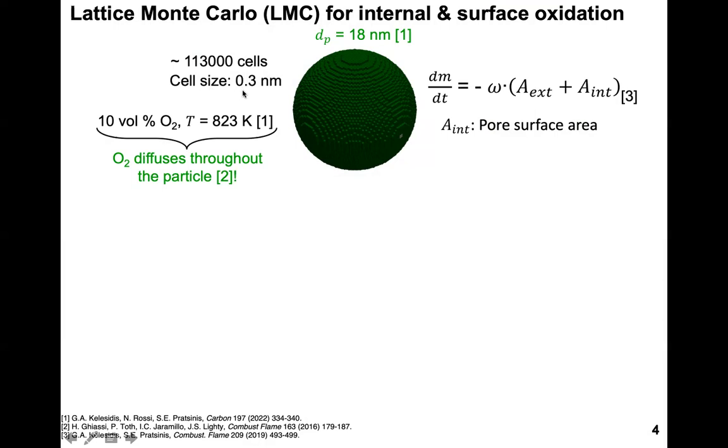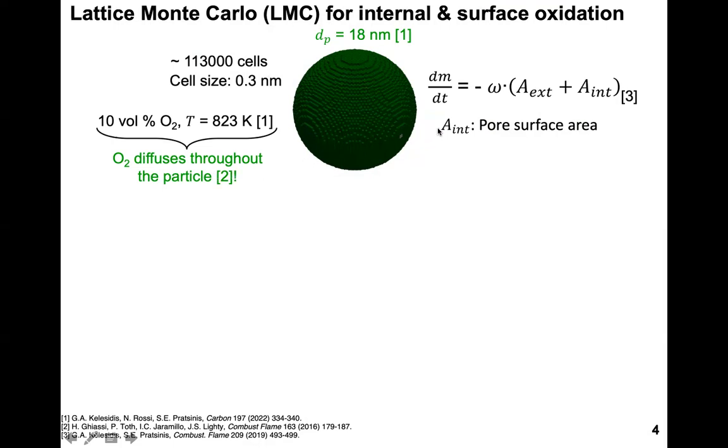The cell size is set to 0.3 nanometers, which is the smallest pore size identified in carbonaceous nanoparticles. So we simulated the oxidation dynamics of this nanoparticle at 10% of oxygen and at a temperature of 823 Kelvin. At these conditions, oxygen diffuses throughout the carbonaceous nanoparticle.